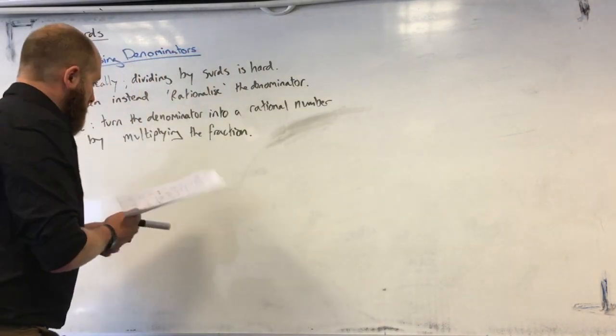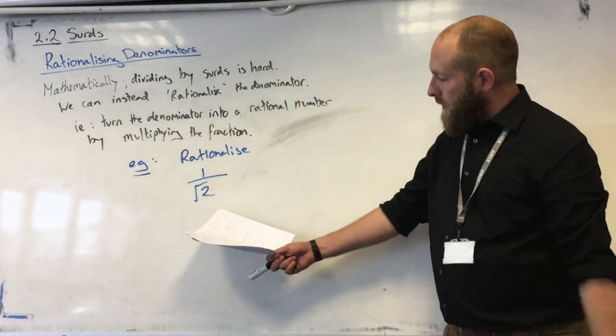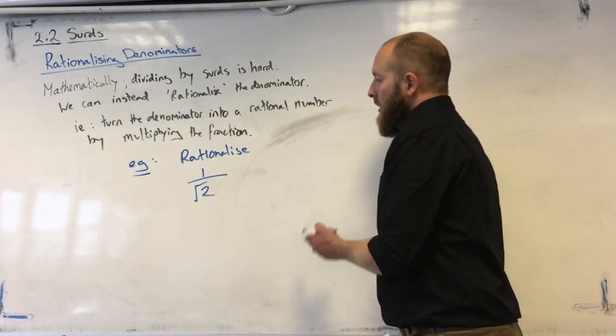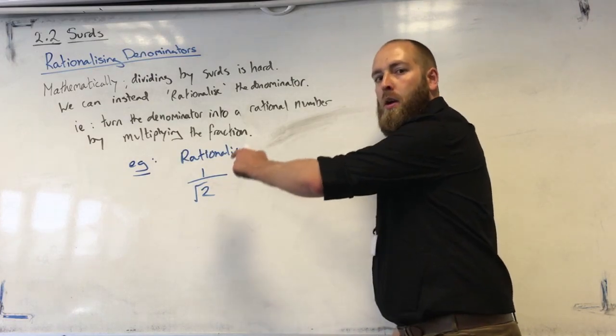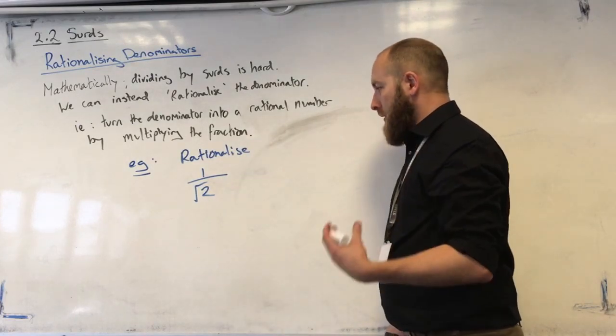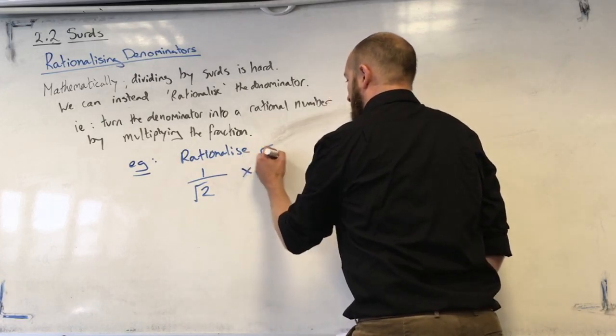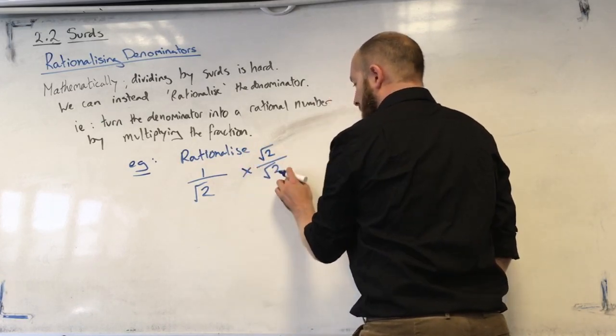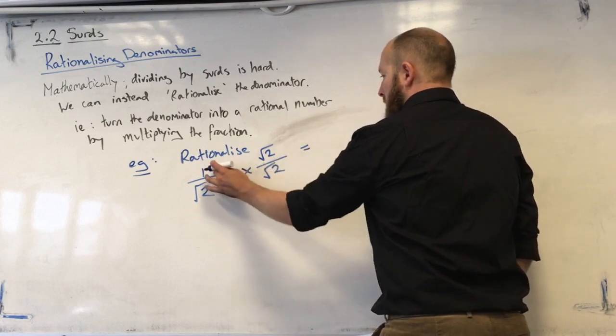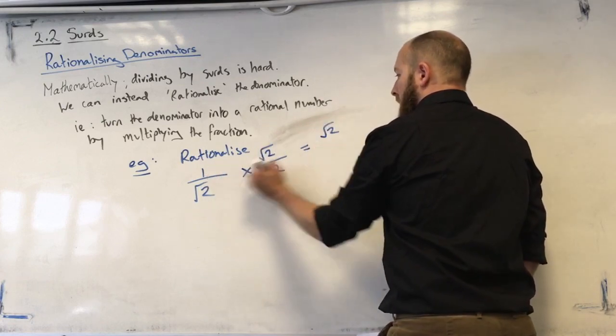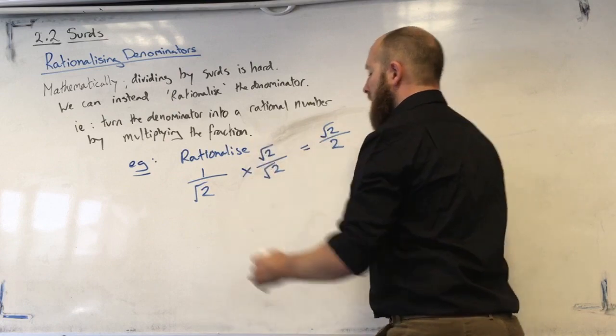For example, if we wanted to rationalise 1 over root 2, we need to times root 2 by itself in order to cancel out the square root. So we're going to times the top and the bottom of the fraction by root 2. So we get 1 times root 2 is root 2, root 2 times root 2 is 2.